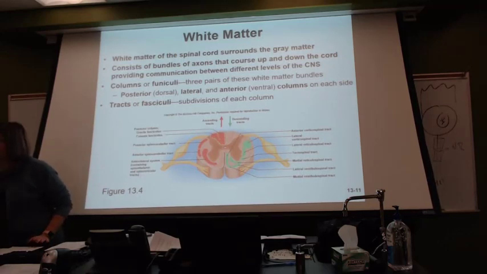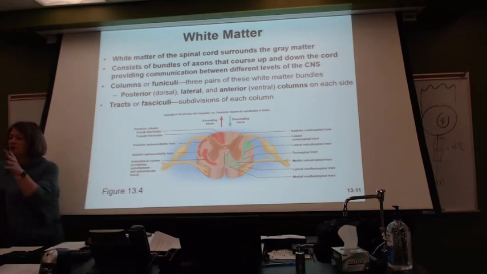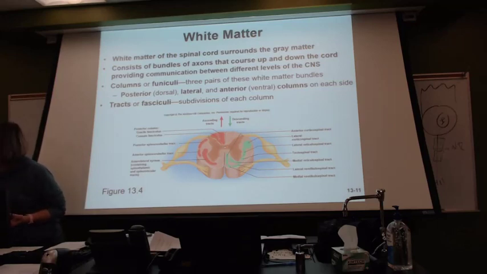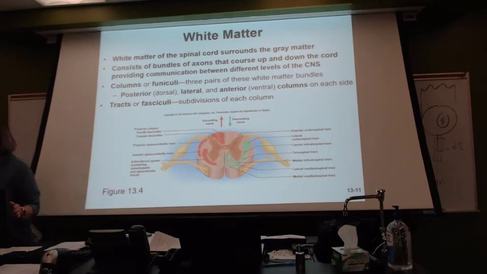So in other words, the information that will move on this tract makes its way to the cerebellum, and that's the point, that that information will be processed and that response will come from there.